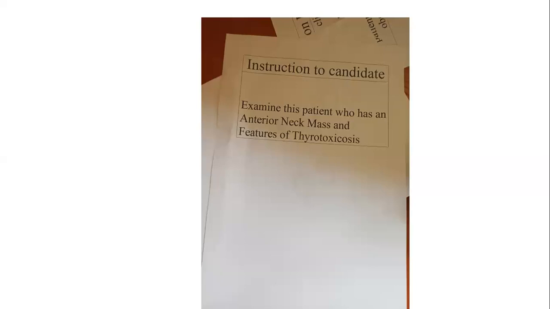Then from there, you go behind the patient and tell the patient to swallow. You check how the mass is moving, if it's moving upwards or if it's just staying there. So basically, you do all these.